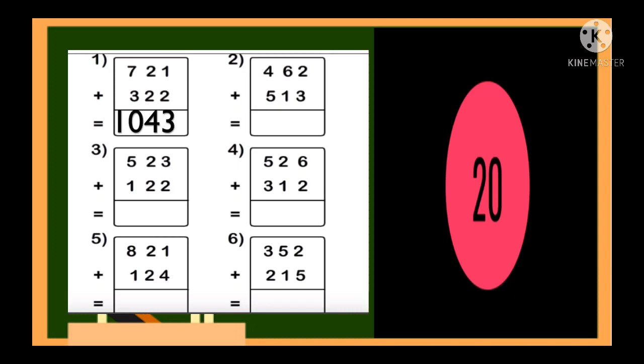Okay, number 2. 462 plus 513. The answer is, good job, 975. Next, number 3. 523 plus 122.